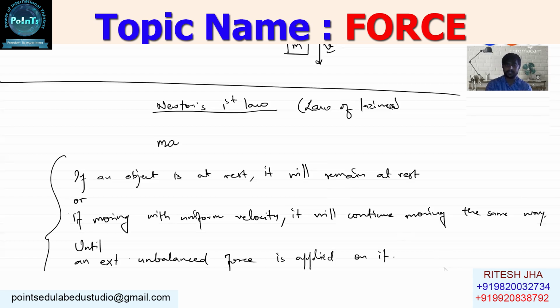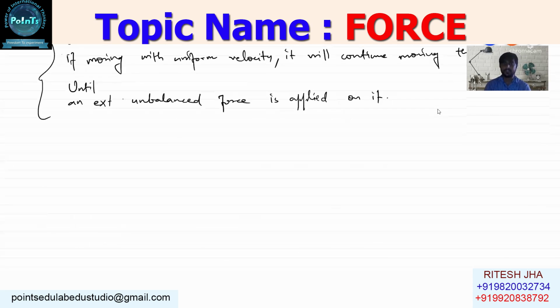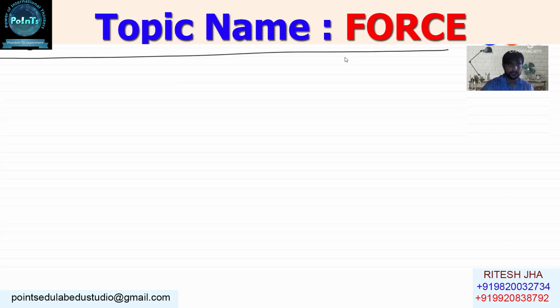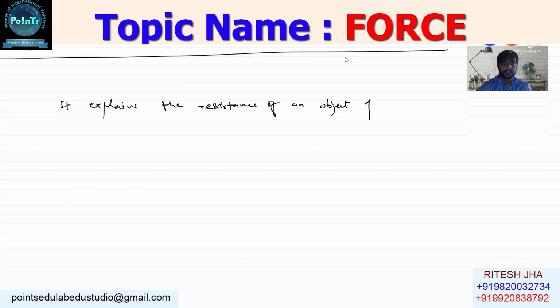This basically explains the resistance of an object to change its state. What is it explaining? It explains the resistance of an object from changing its state of rest or state of motion.